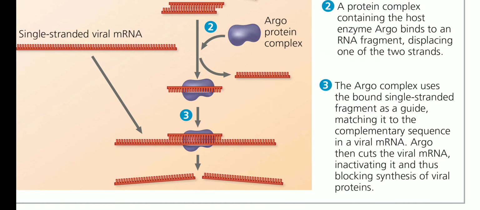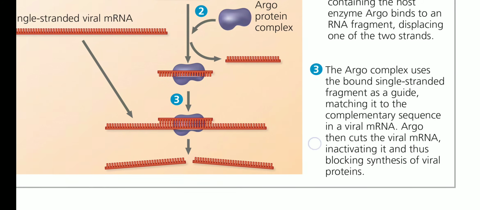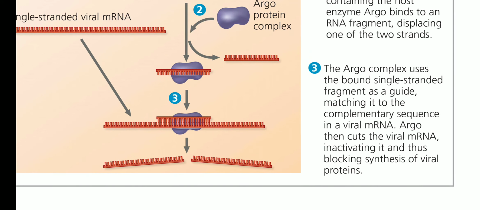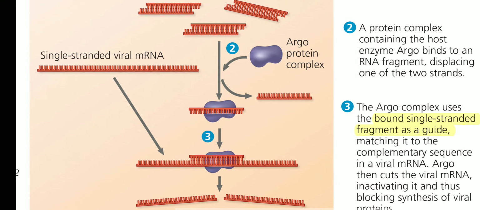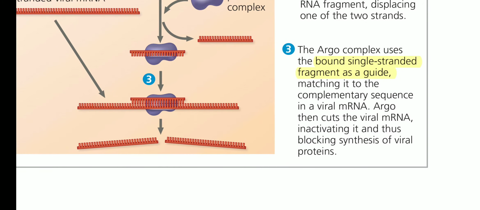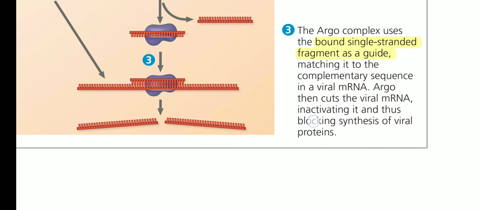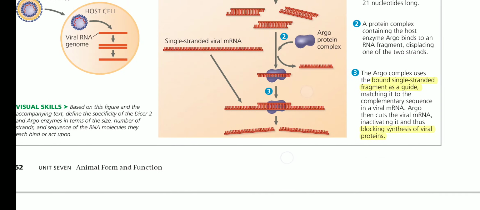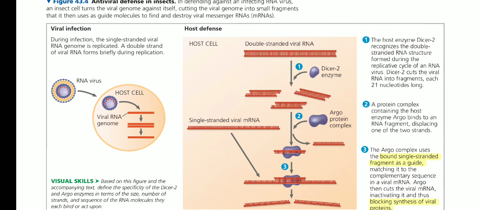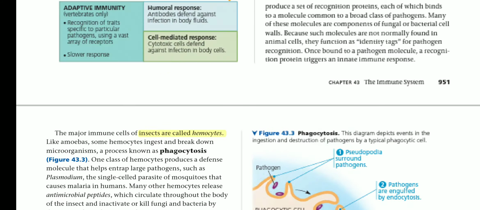The RNA complex uses the bound single-strand fragment as a guide, matching it to the complementary sequence in viral mRNA. So wherever the viral mRNA is, it can be detected and clipped easily, and in this way it can block the synthesis of viral protein. So this is a mechanism of innate defense against viral infection.